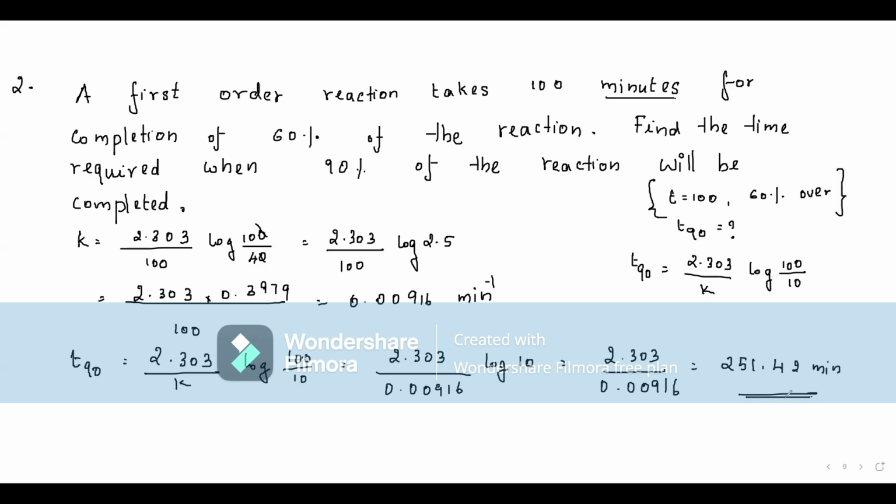You can leave that answer in minutes. You don't have to convert it into seconds or hours. Whatever unit is given in the question, retain the final answer in the same unit. This was also a board question, 2022's board question.